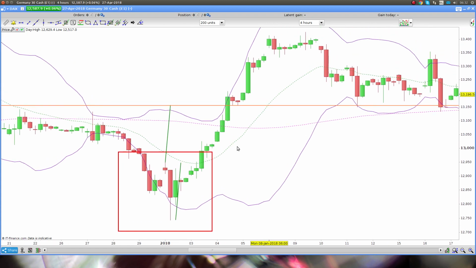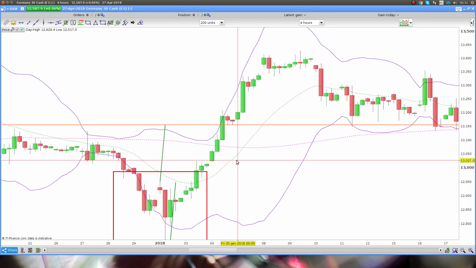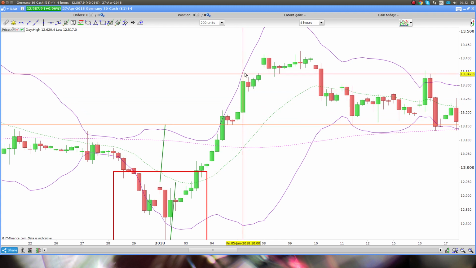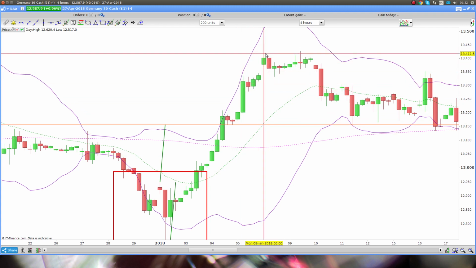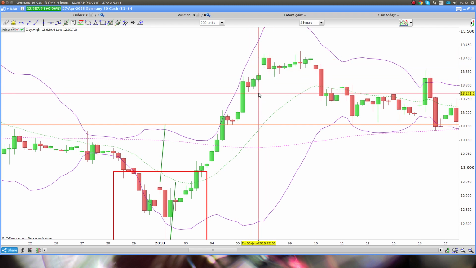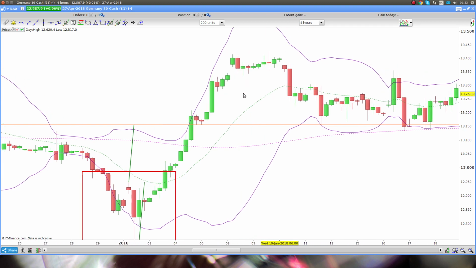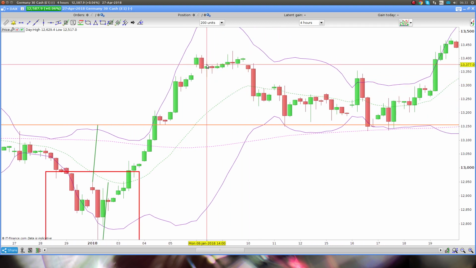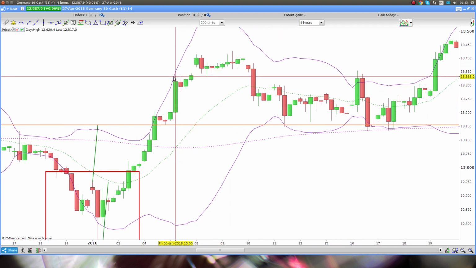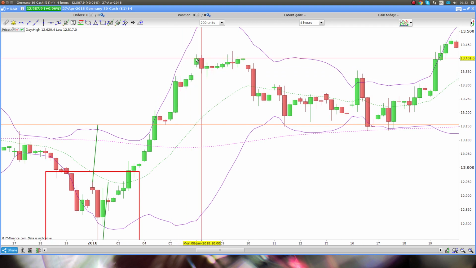The second part of this is double tops. Okay, now this here is a double top, but we don't have a really nice pullback to take a target measure, but it is still a double top. You can see how there we are close to the Bollinger Band, here we're far away.